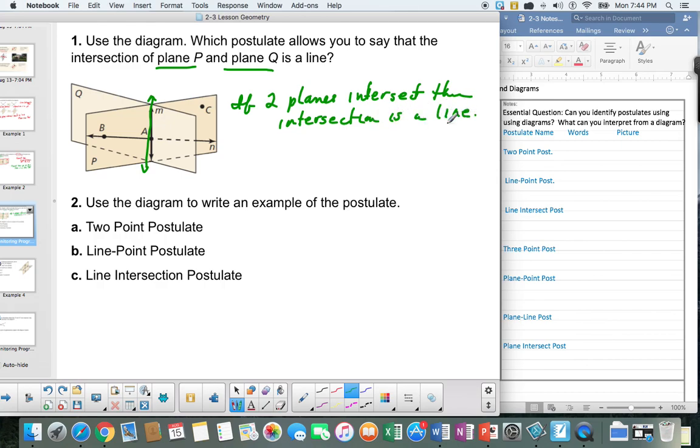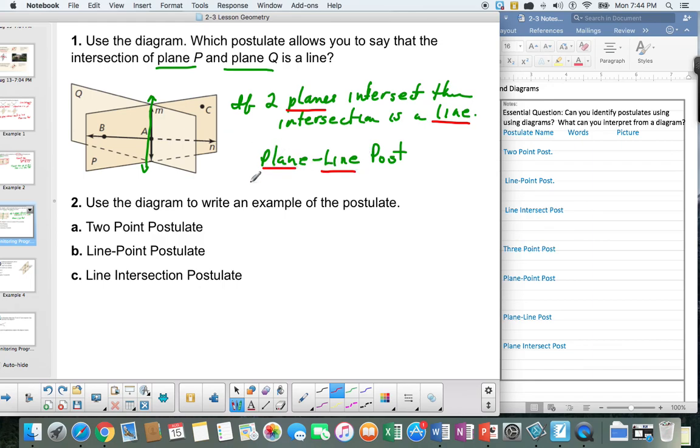Or you can memorize the title, the plane line postulate. When two planes intersect, you get a line. That's how I remember it. I start off with a plane, I get the idea of a line, and I see these words, and it makes sense to me.